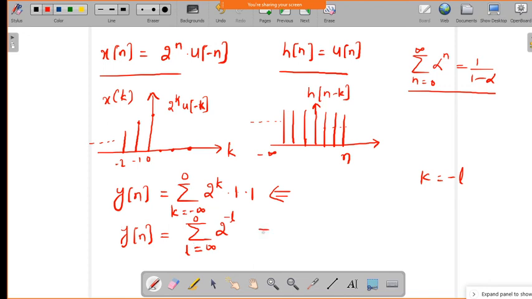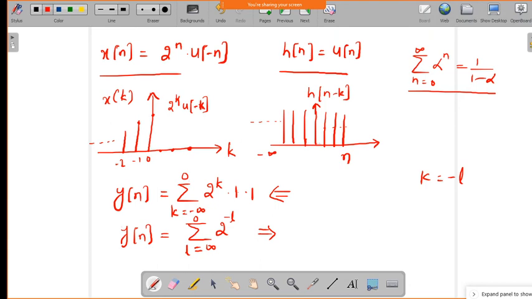So now this l, again I have to change, because it is from minus infinity to 0.